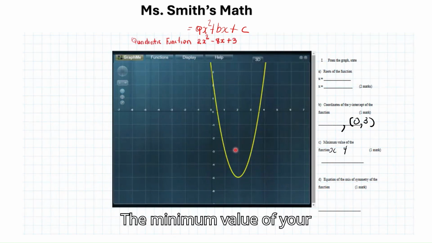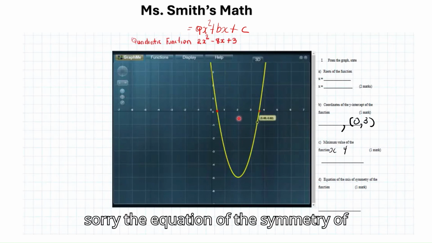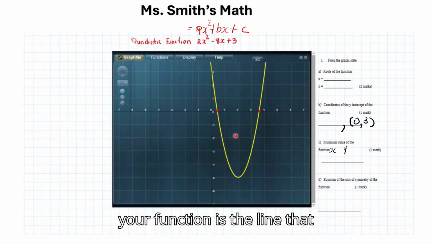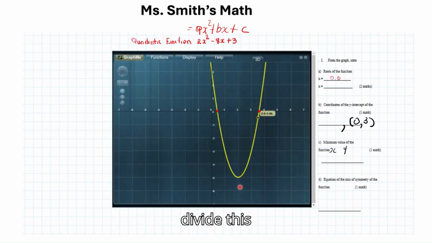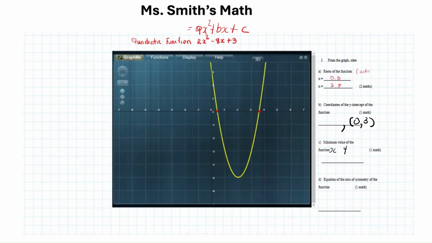Now the equation of the line of symmetry of your function is the line that divides this curve into halves, or the line that goes through the minimum value.